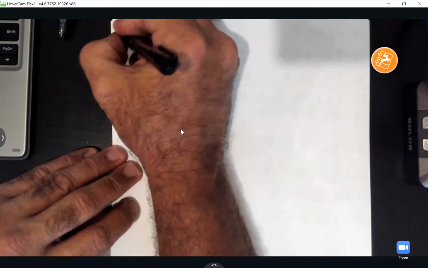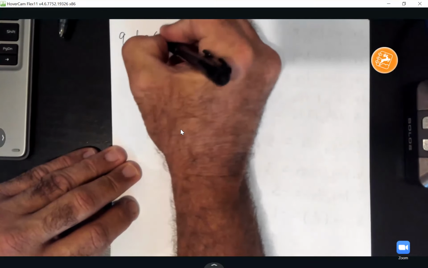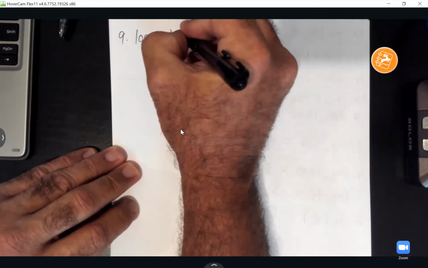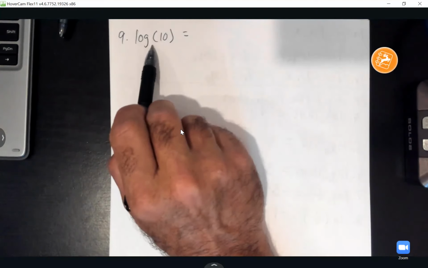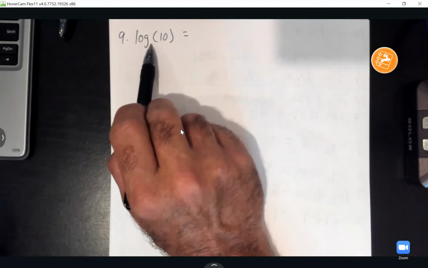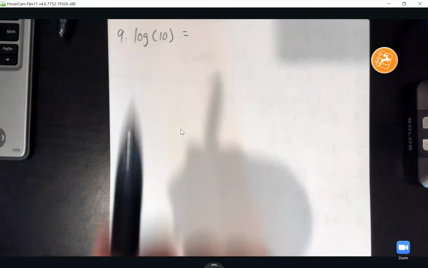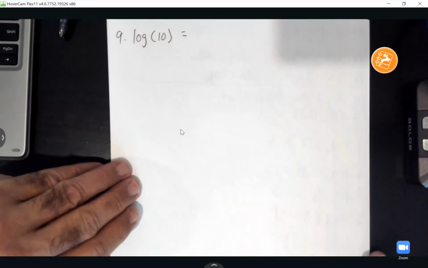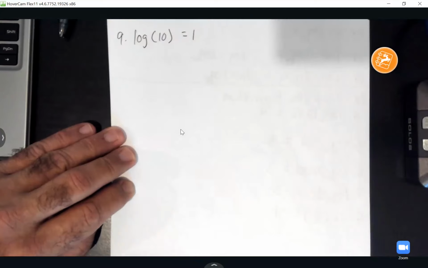All right, how about this? Log of 10. Now remember, there's not a base here, so it's automatically a 10. But y'all think about this. What exponent would I raise 10 to make it a 10? 1. Definitely a 1.